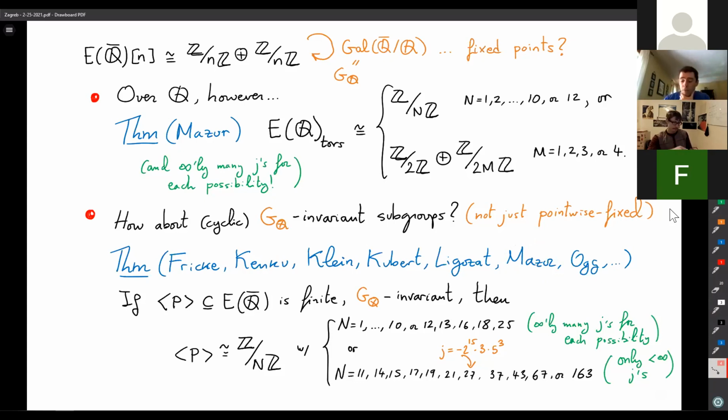But in any case, the complete classification is known, and if you have a point of finite order and the orbit is Galois invariant, then the order of that point can be 1 through 10, 12, 13, 16, 18, or 25.